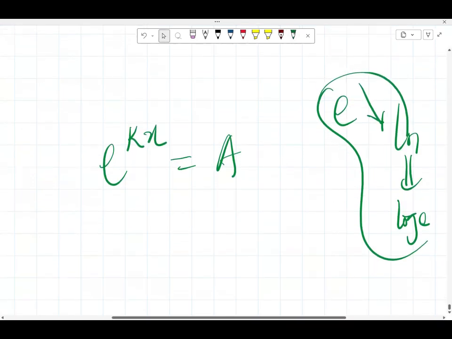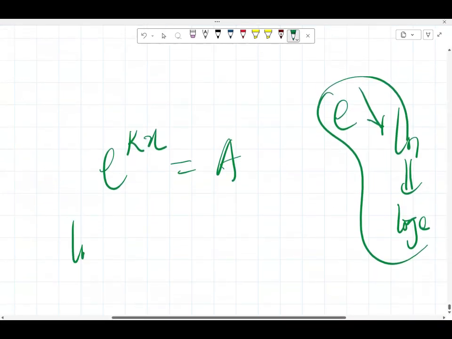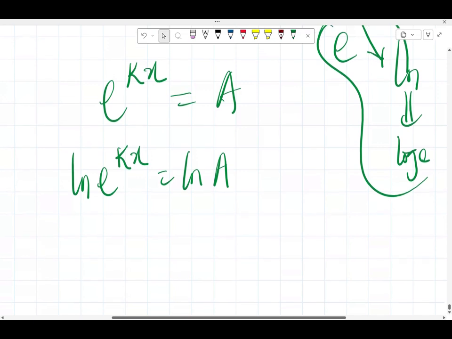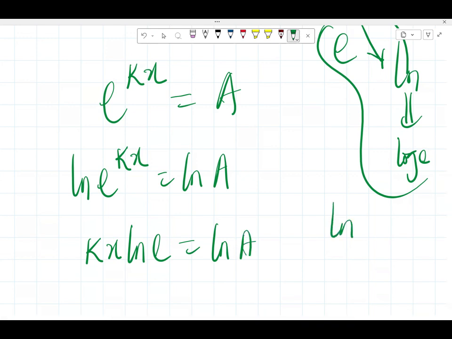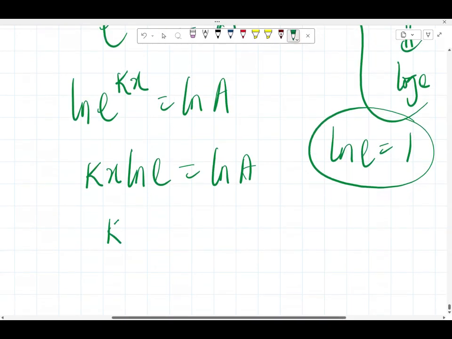So if you have e raised power kx equals a, you take the natural log of both sides. So ln e raised power kx equals ln a. As a result, kx comes back. So we have kx ln e equals ln a. Already I told you that ln e equals 1 because ln and e are inverses, so they cancel themselves out. So kx is equal to ln a.